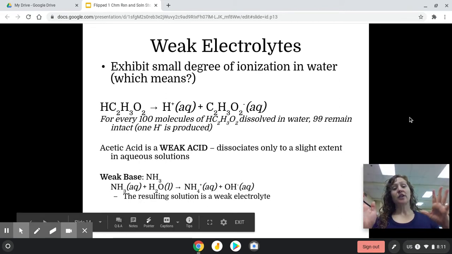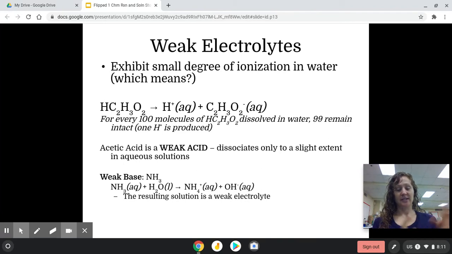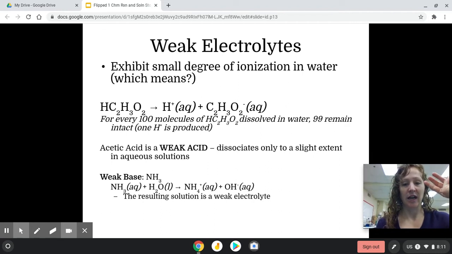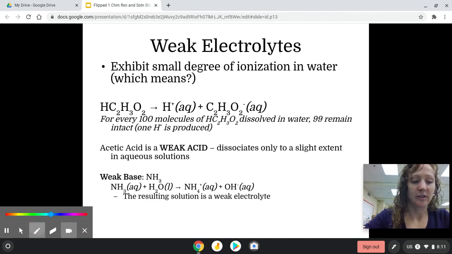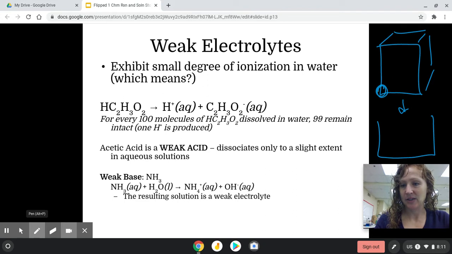So those are your strong electrolytes: soluble salts, strong acids, strong bases. Your weak electrolytes also are going to have 3 different categories. So weak electrolytes, when you have your crystal or your lattice and you put it into water, part of that crystal or lattice is going to dissolve into ions.